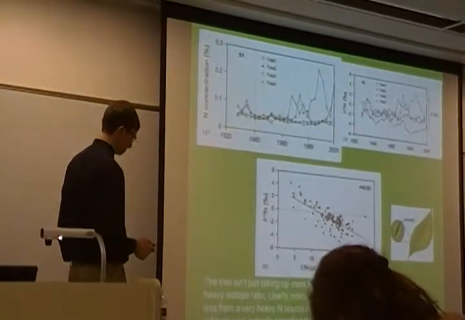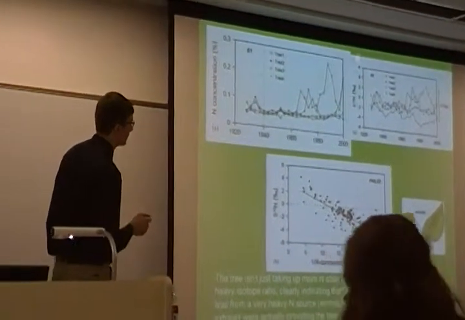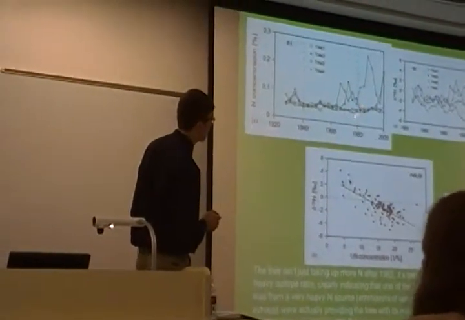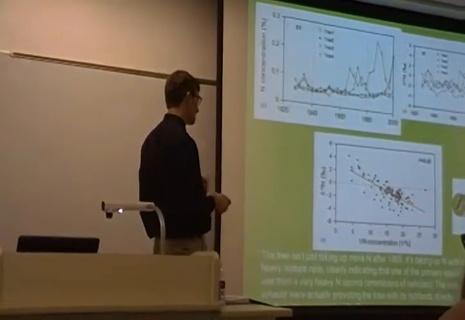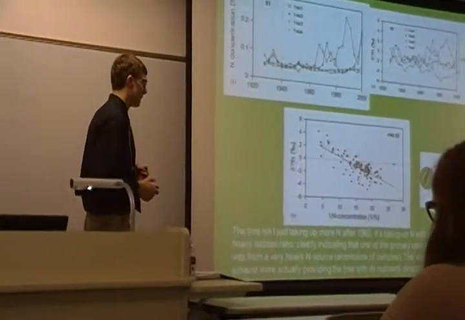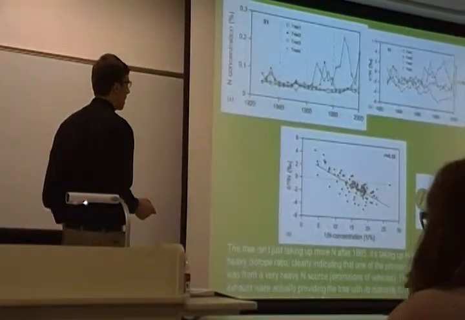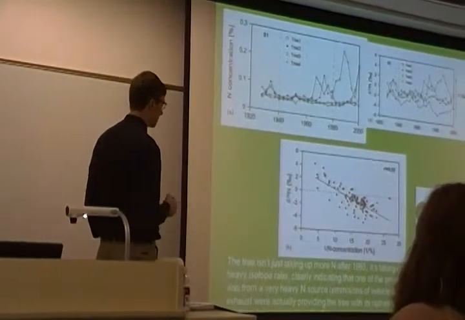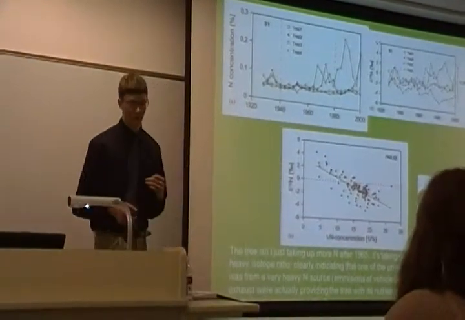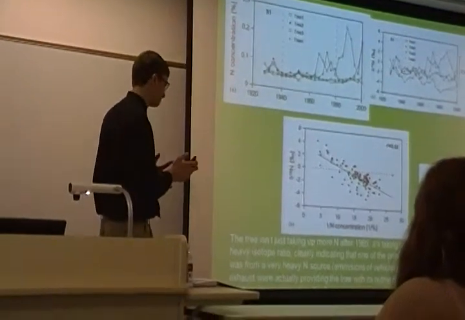So what does this mean? This means that the tree isn't just taking up more nitrogen after 1965, as we see from this graph, but it's taking up more nitrogen that has a very heavy isotope ratio, indicating that the primary source of its nitrogen in these latter years was from a very heavy nitrogen source, or one that has a very high nitrogen 15 to 14 ratio.